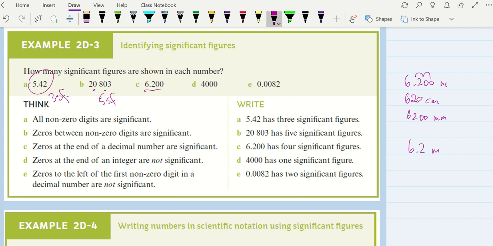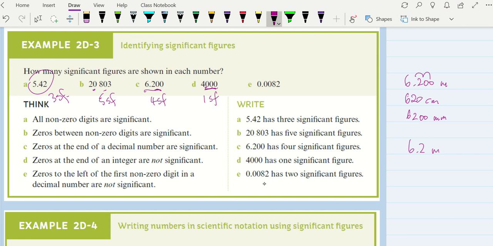Now the next one is a tricky one. So this one here, we've got these 3 zeros. So the zeros at the end of an integer are not significant. So these ones come after the decimal point, but we don't know how precise we are there. So this one, 6.200 has 4 significant figures, but this one only has 1 significant figure.